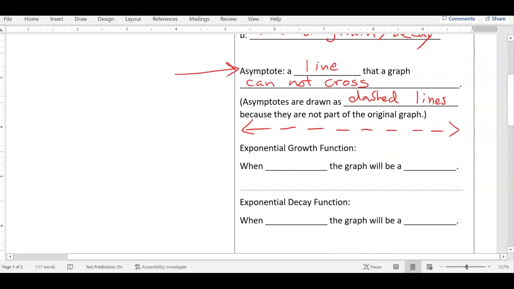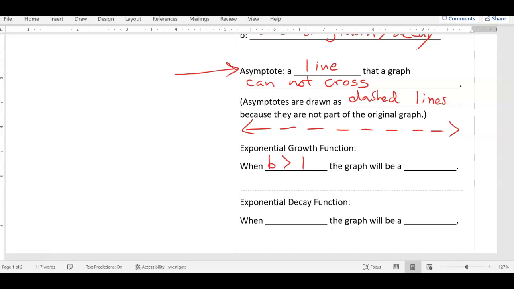Okay. Now, when we talk about exponential growth, okay, the b value is going to be greater than 1 for it to be a growth function. So when we say greater than 1, it could be 2, it could be 1.5, it could be 10. Anything that's greater than 1, if you multiply something greater than 1, it'll grow, okay?